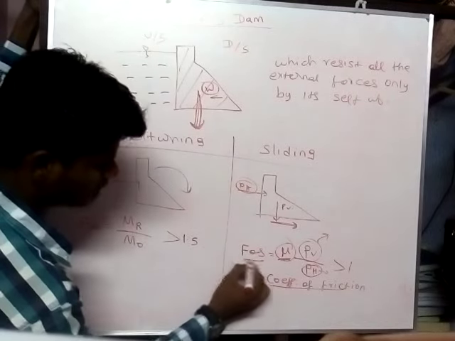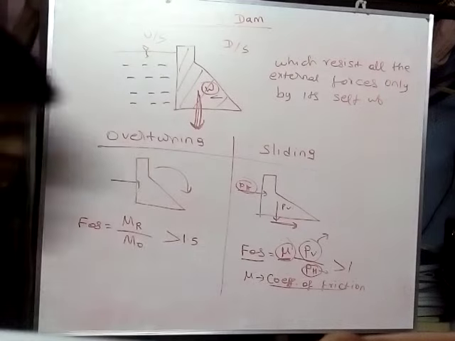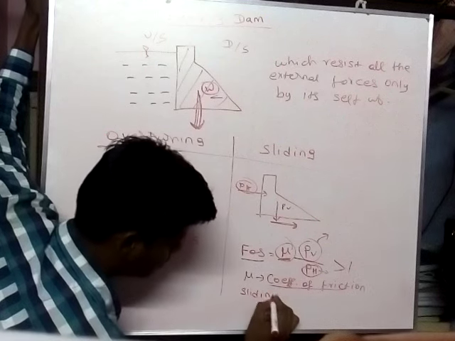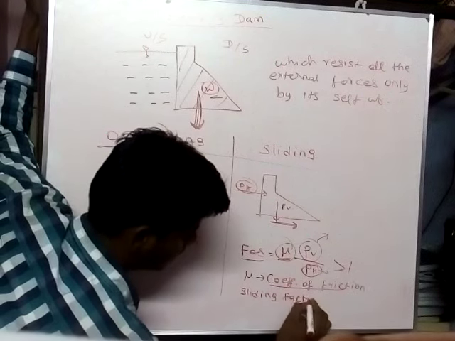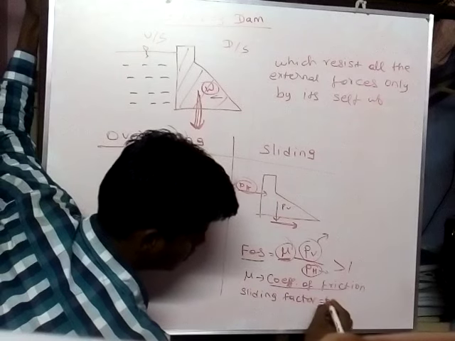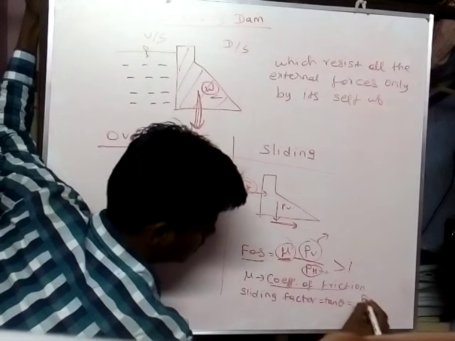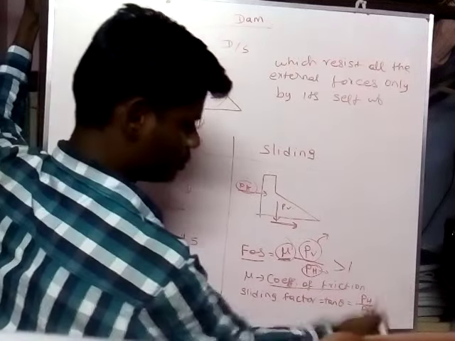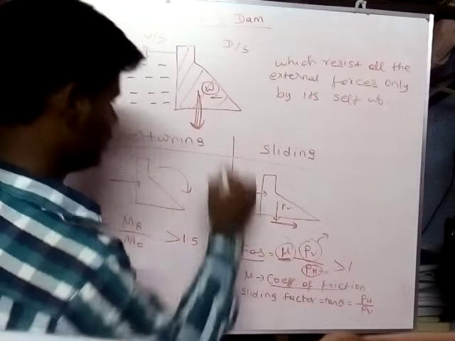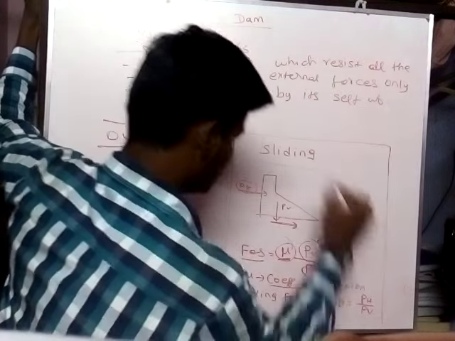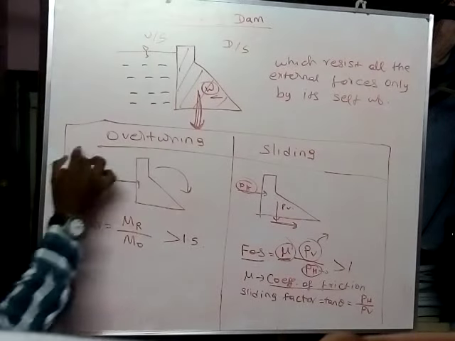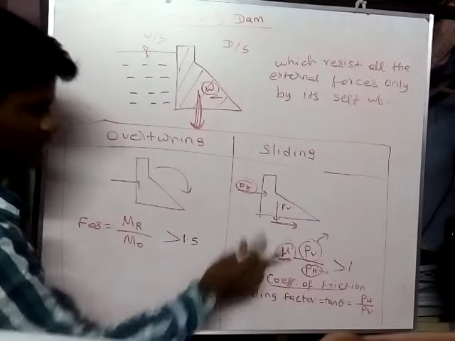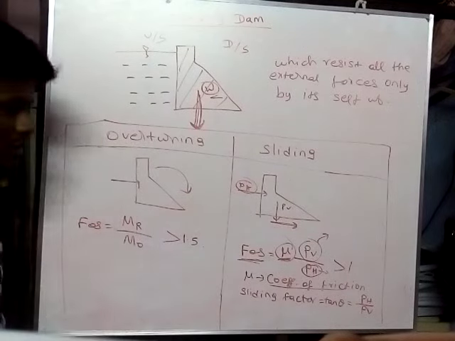Another term in sliding is the sliding factor, denoted as tan theta equal to PH divided by PV, horizontal force to vertical force. These are the two main types of failure in a dam, overturning and sliding, with their factors of safety.